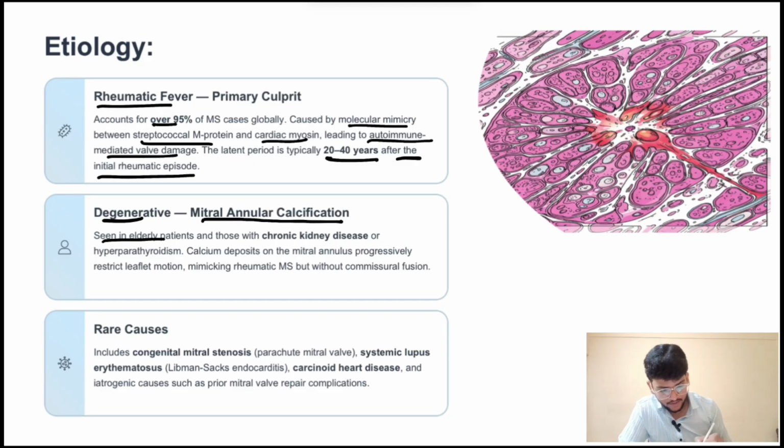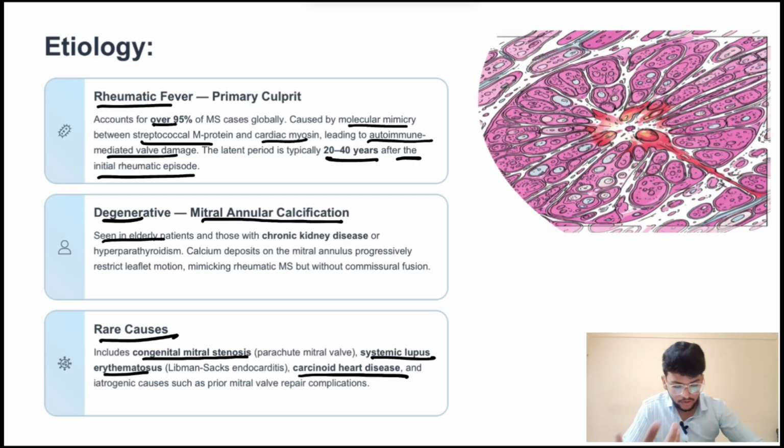Now the rare causes are congenital mitral stenosis, systemic lupus erythematosus, or carcinoid heart disease, and iatrogenic causes are also seen in mitral valve stenosis. There are other causes like radiation-induced causes, gout, rheumatoid arthritis, etc.